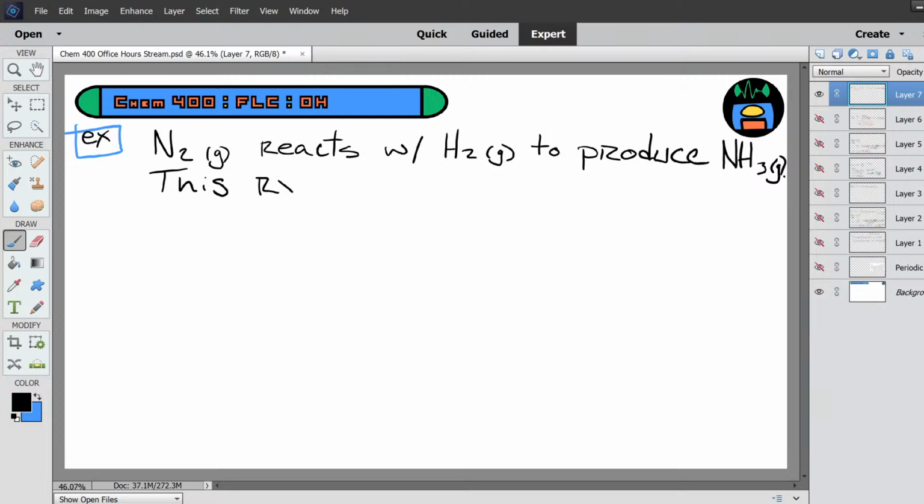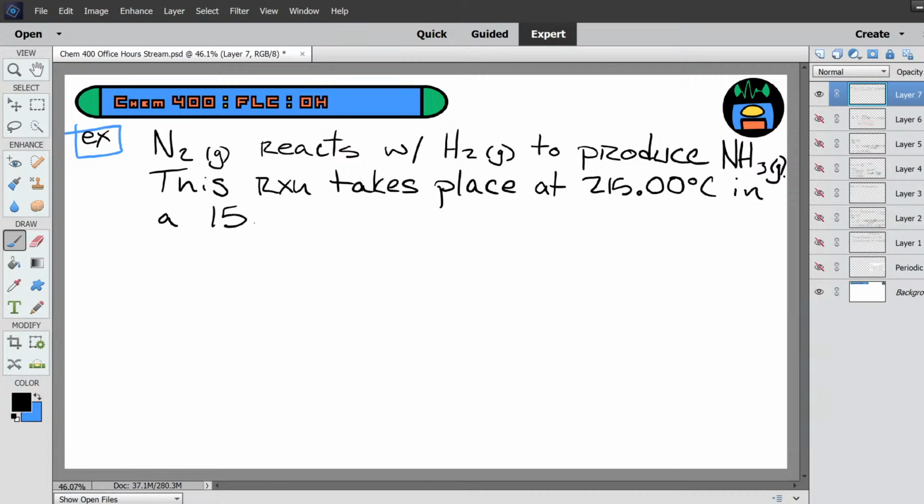This reaction takes place at 215.00 degrees Celsius in a 15.0 liter reaction vessel.